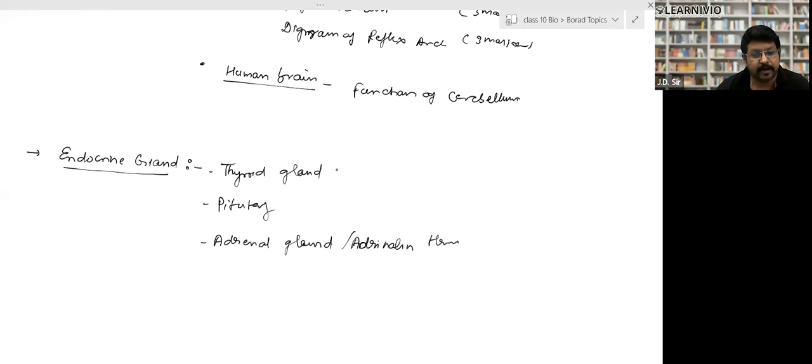They'll ask you the thyroid gland or the function of thyroxine. The topic is the same, right? So these three glands are very, very important for you. Noted down? Modern and Ayman, noted? Important topic?